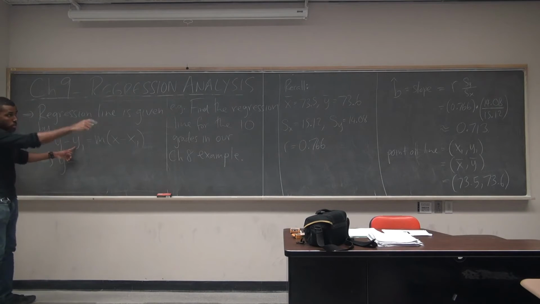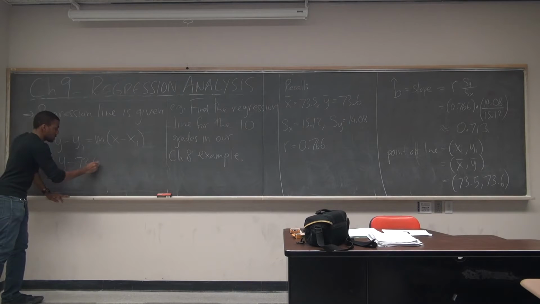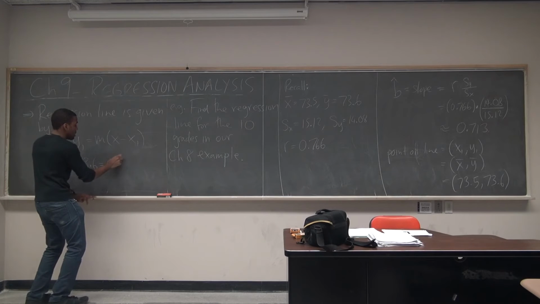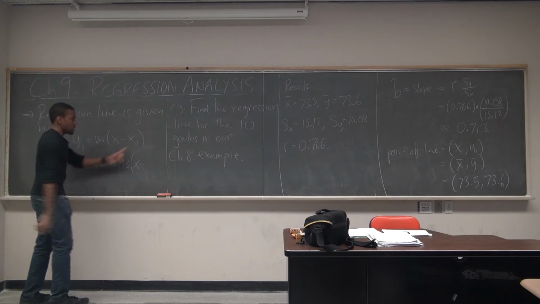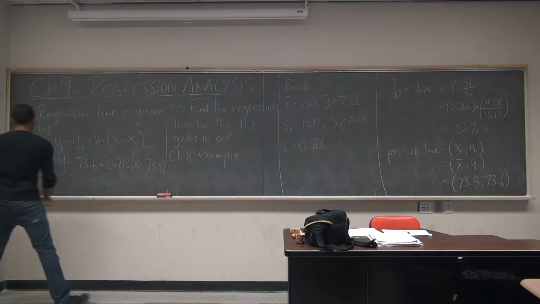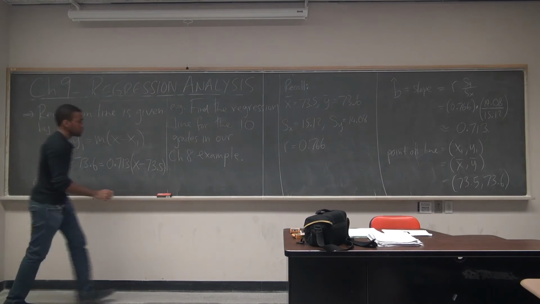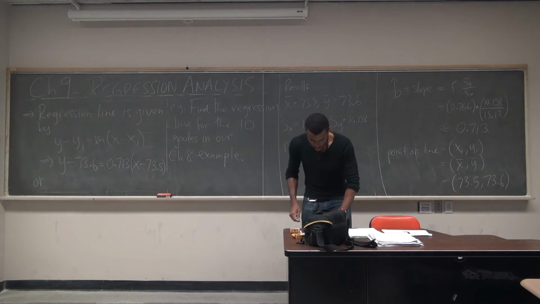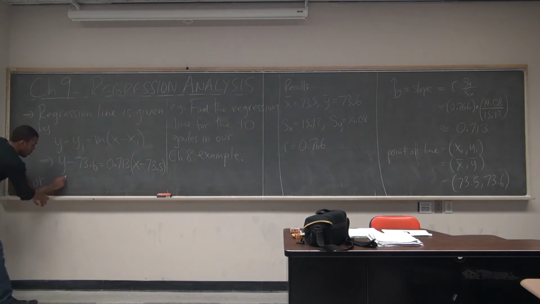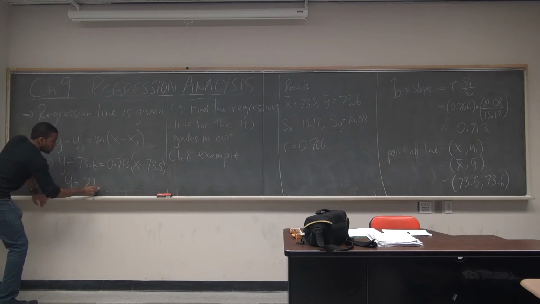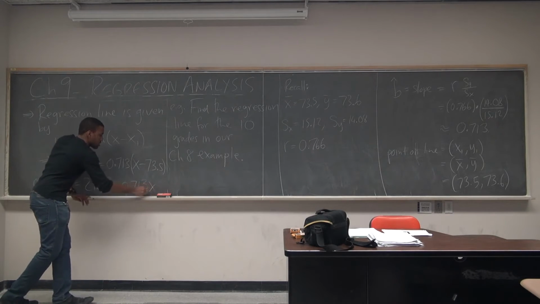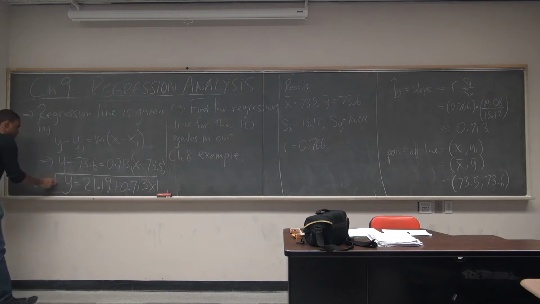Y minus y1 is y bar, which is 73.6, equals the m is our b hat, which is 0.713, times x minus our x1, which is our x bar, which is 73.5. Or, to write it in the a plus bx form, I got 21.19. Y is equal to 21.19 plus 0.713x.